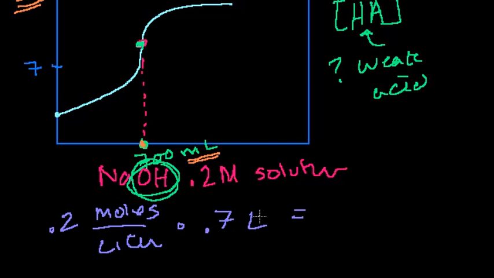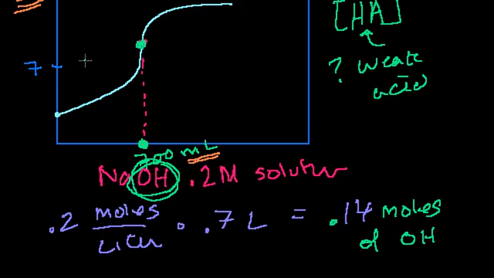So how many moles have we added to this situation? 2 times 7 is 14, and we have two numbers behind the decimal, so it's 0.14. So 700 milliliters of 0.2 molar sodium hydroxide, or 0.7 liters, we're going to have 0.14 moles of essentially OH that we put into this solution.